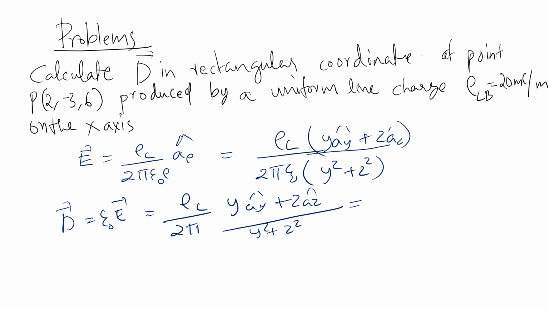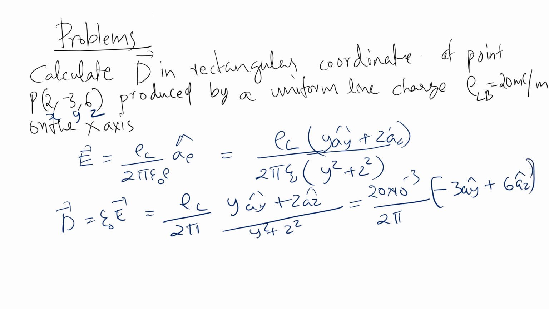So what is the value of rho L? Rho L is 20 into 10 raised to minus 3 divided by 2 pi. We have to calculate at a point 2, minus 3, 6. So this is x, this is y, this is z. So y is minus 3 ay cap plus 6 az cap divided by y square plus z square, that is minus 3 square is 9 plus z square is 36.